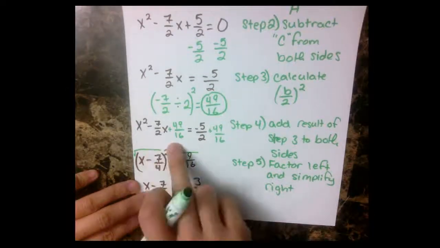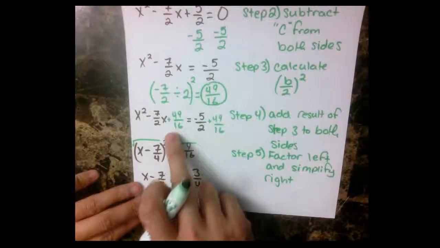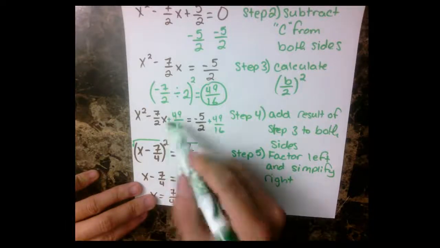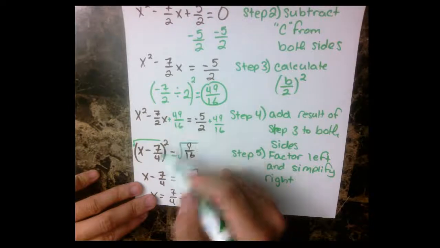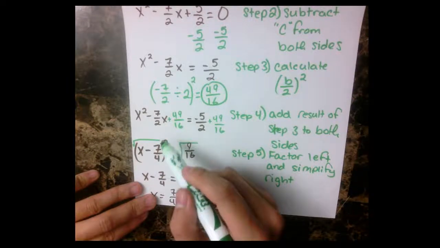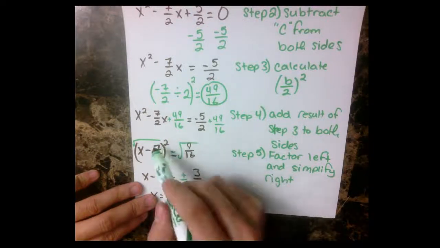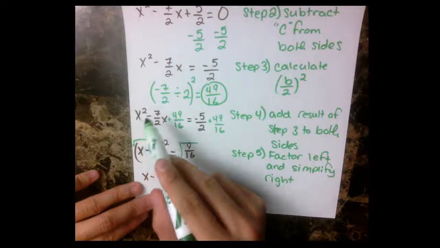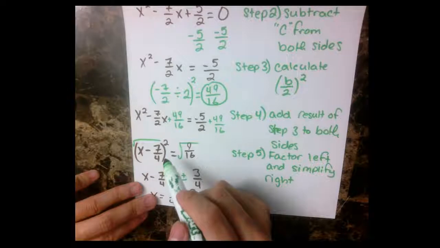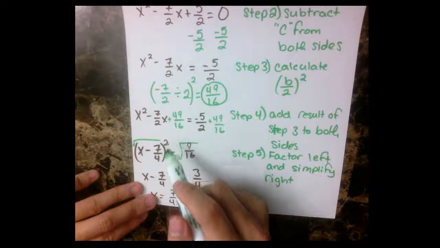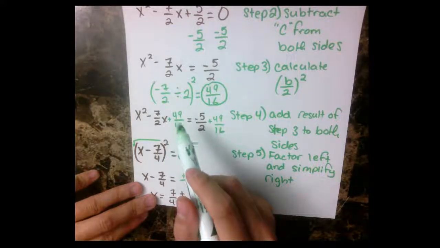All right. So we factor the left side. Remember that this is a perfect square trinomial, so you just have to take the square root of c. Square root of 49, 7. Square root of 16, 4. So they're 7 over 4. And remember, they're both going to be minus because this is a minus. 7/4 times 7/4 will give you this 49 over 16 here.